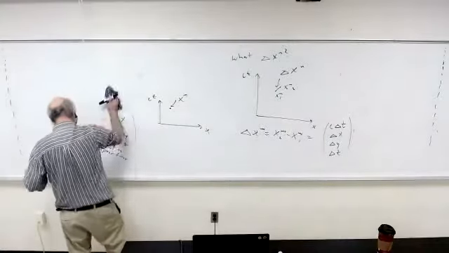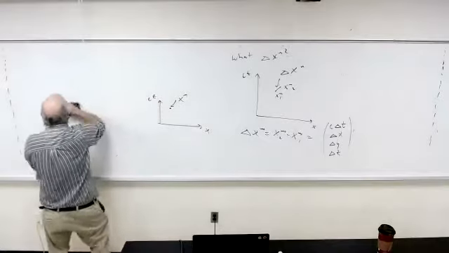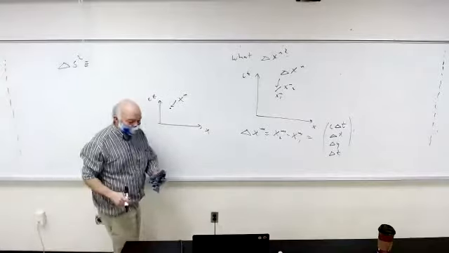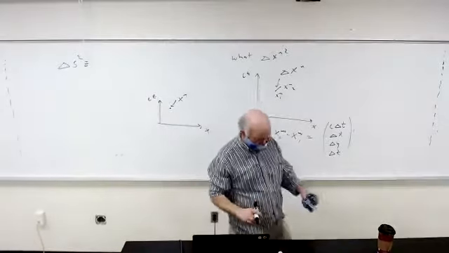So now we can define something. I can define delta s squared. How do you think delta s squared is defined?